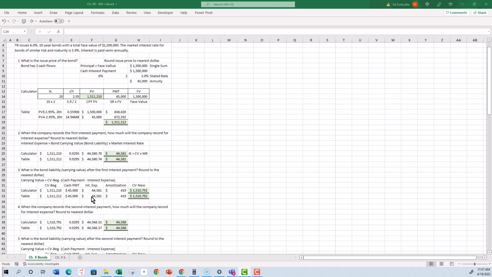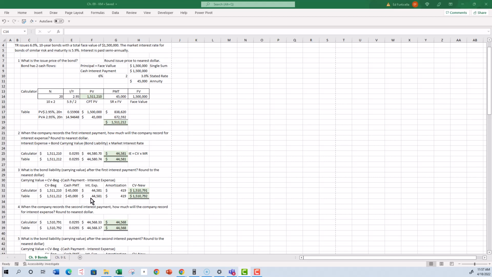We're going to take this $419 and we're going to subtract it from the 1,511,210. 1,511,210 minus $419 gives us 1,510,791. That's the new carrying value, or the carrying value of the bond after the first payment. We do exactly the same thing for the table. We take the 1,511,212.